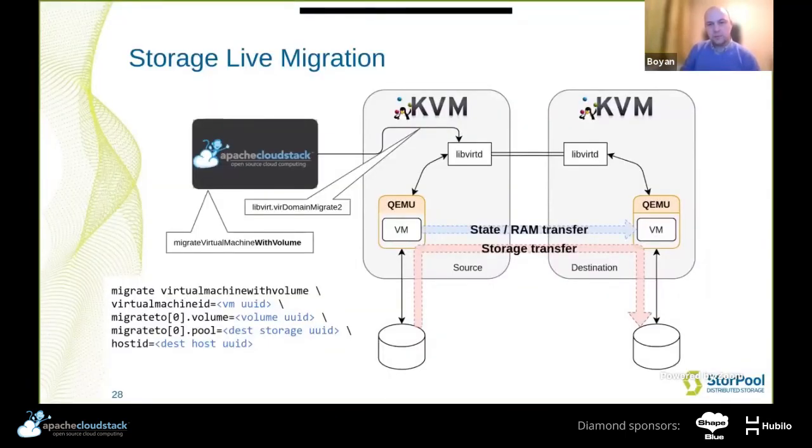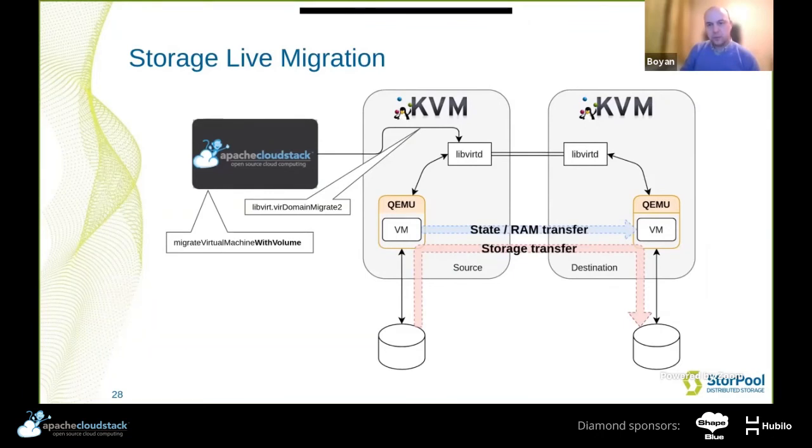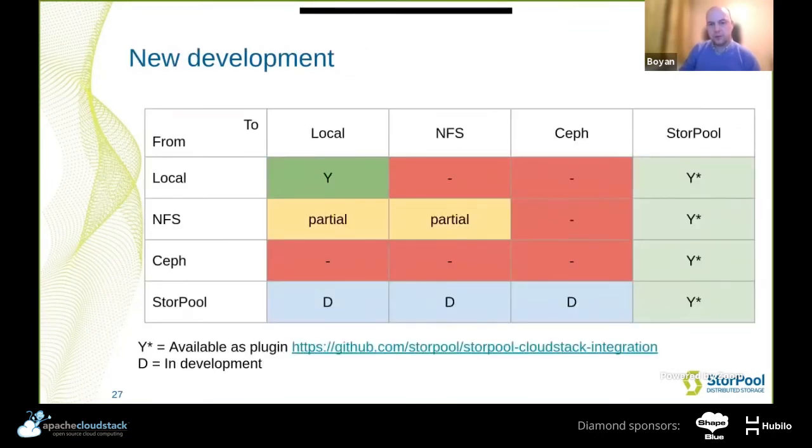So in summary, what we are announcing is that we've developed functionality to live migrate storage of virtual machines, primary storage in CloudStack, from everything to store pool, and we are currently working to do store pool to everything else.